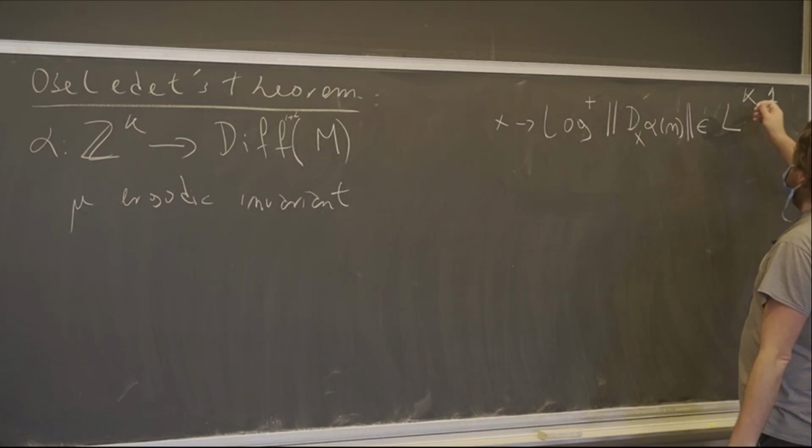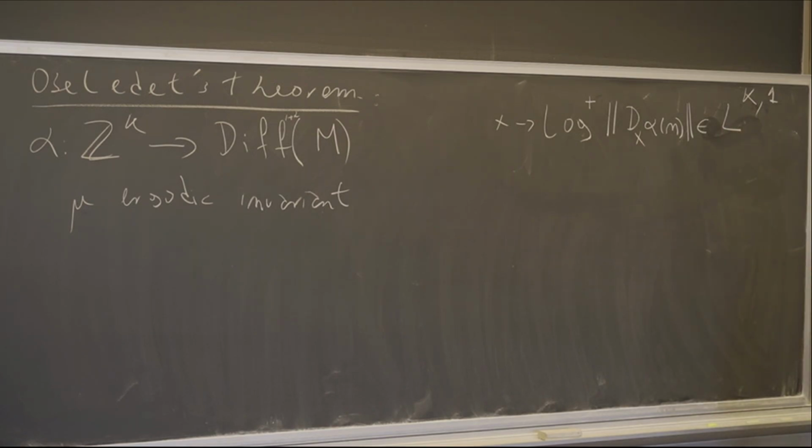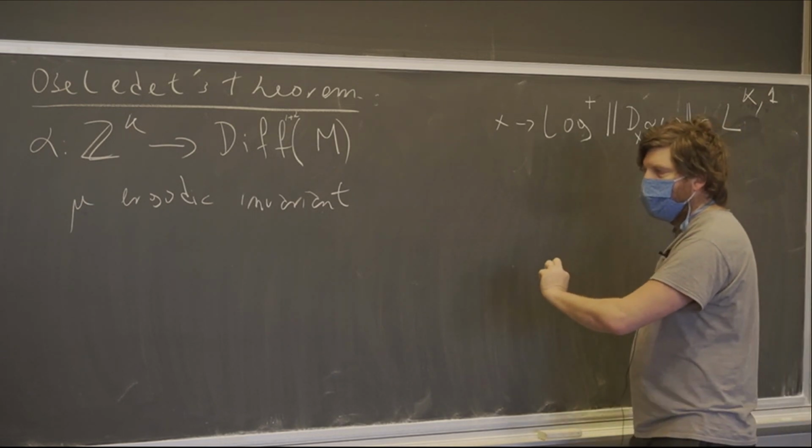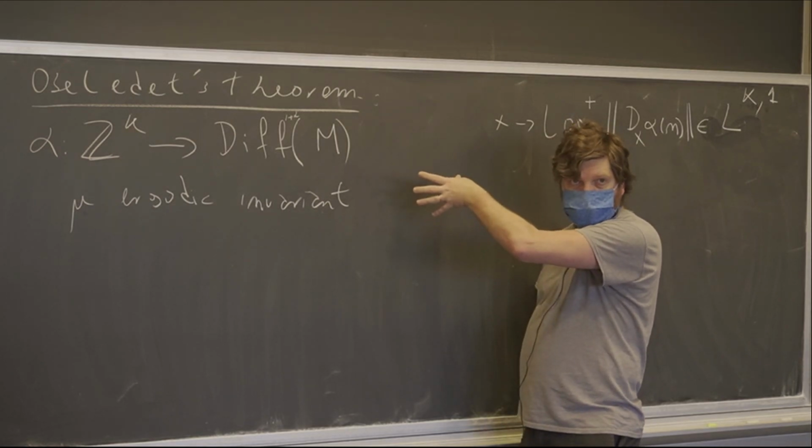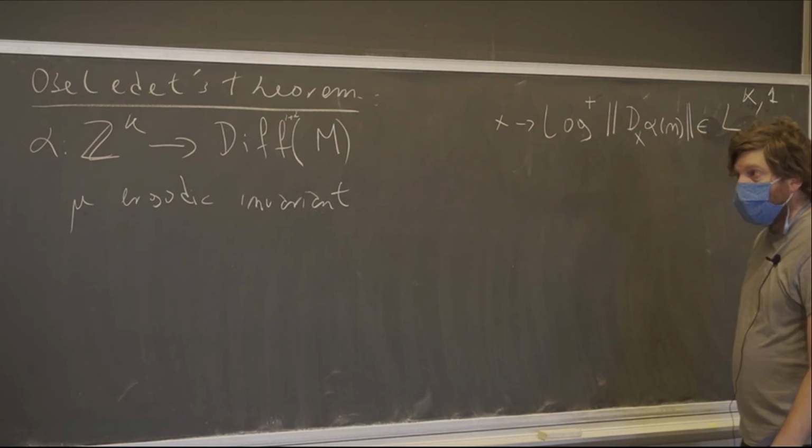And you can build examples of cocycles where you don't have a nice Oseledets theorem if you don't put something like that. You will have some Oseledets theorem, and the problem is that you will want to apply everything that will be discussed now, something good that I will explain what is the good thing you want.